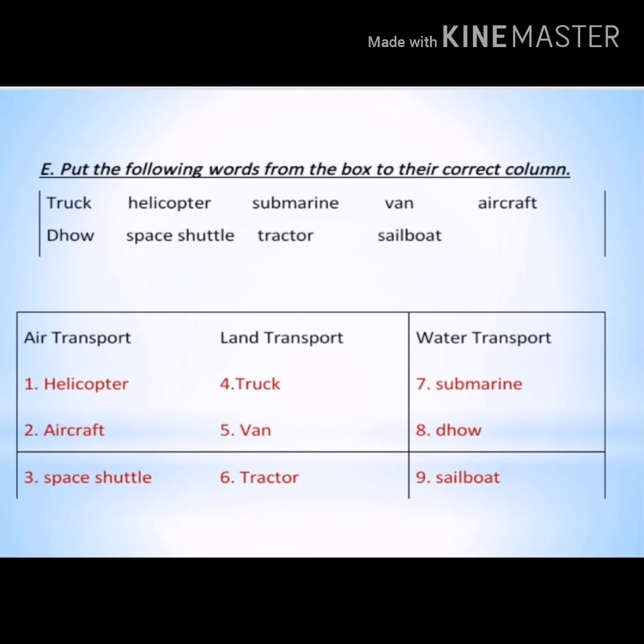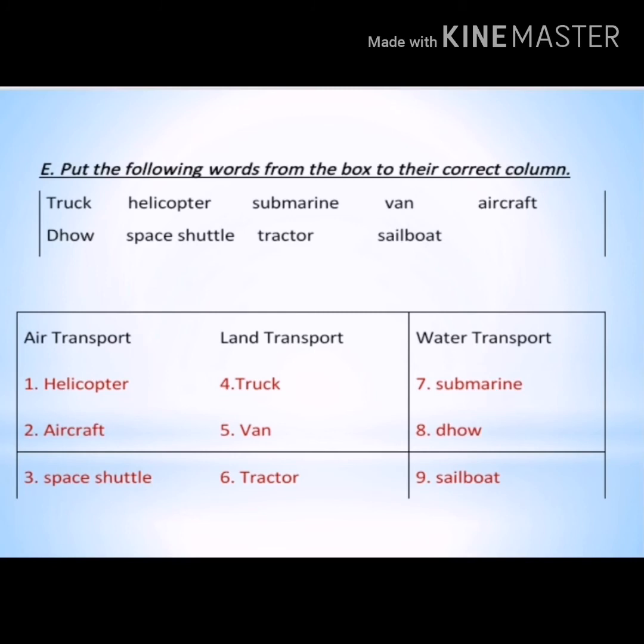You read them one by one from the box, then you put each in the correct column so that you don't leave any unanswered. Choose the words from the box and place them on the correct column, just the way I have done. Truck, land transport. Helicopter, air transport.